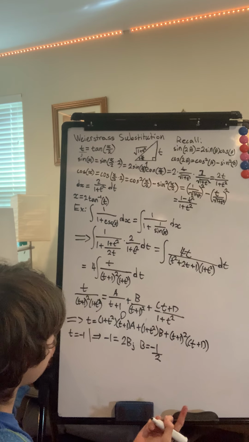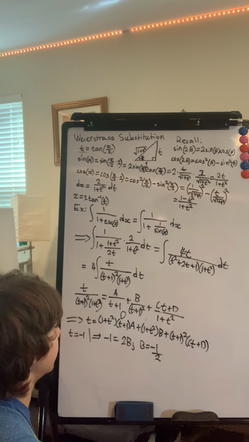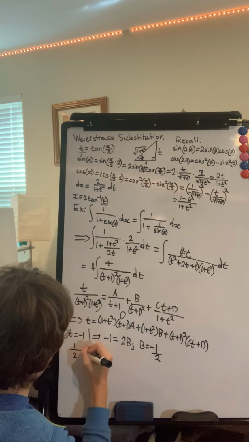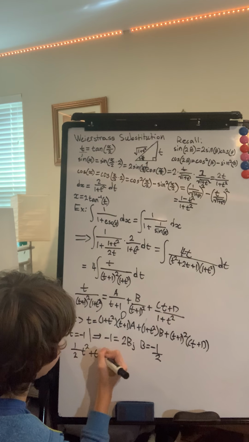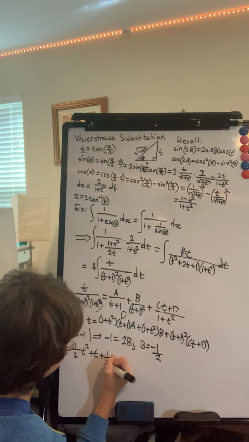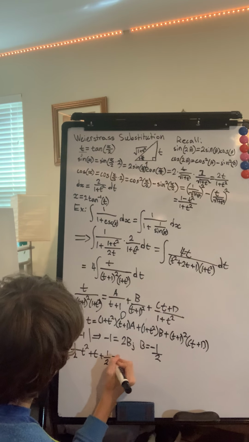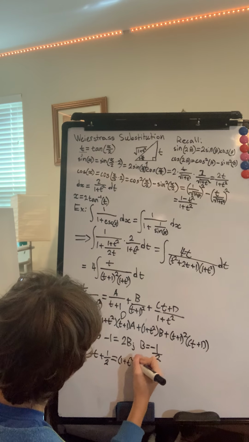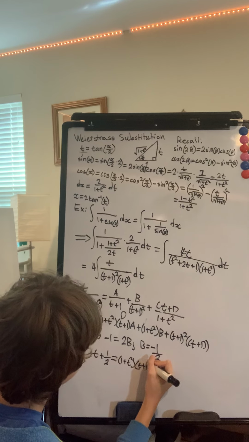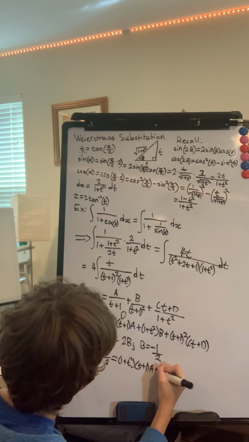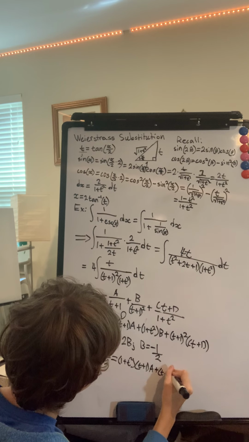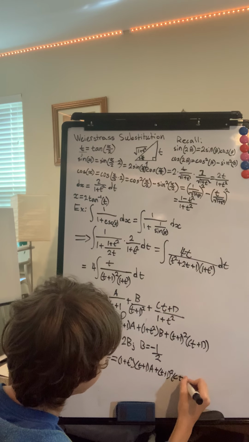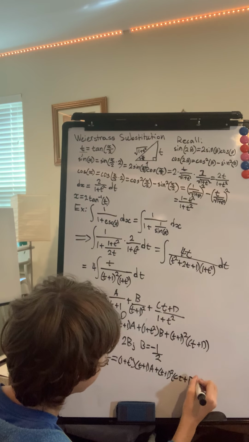Yeah, we should do this. We just have 1/2 t squared plus t plus 1/2, obviously, and this is nothing but what we have here: (1 plus t squared) times (t plus 1) times a, plus (t plus 1) squared times (ct plus d).